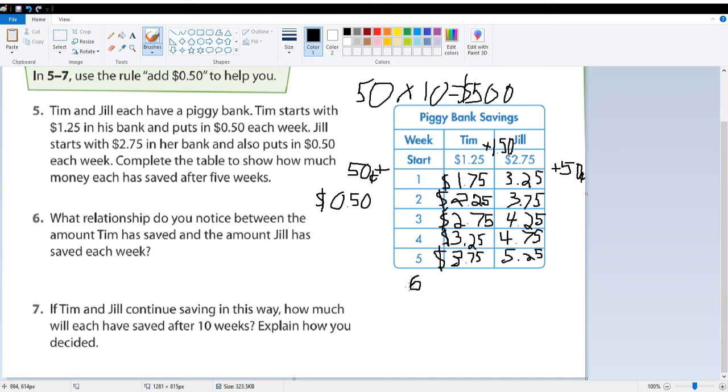Now, what we can do is also draw these out, just so we can be sure. So 425, 475, 525, 575, and then 625, like I said.